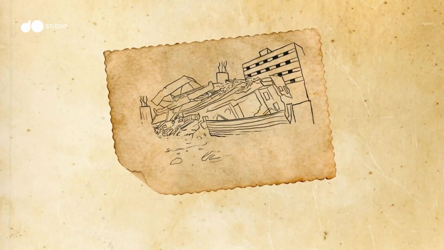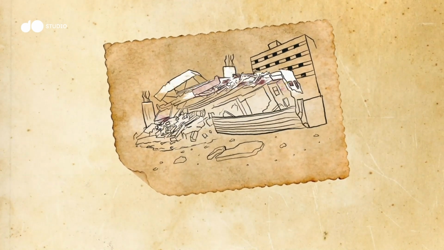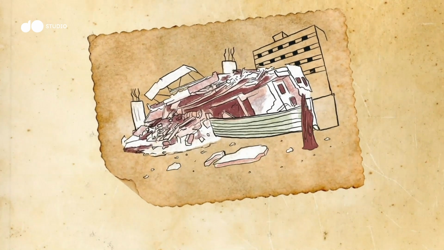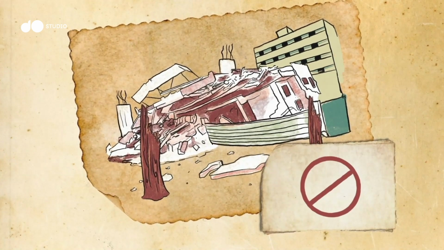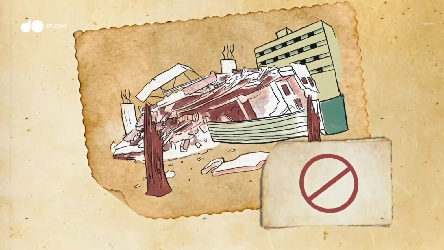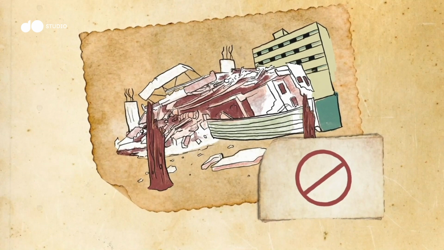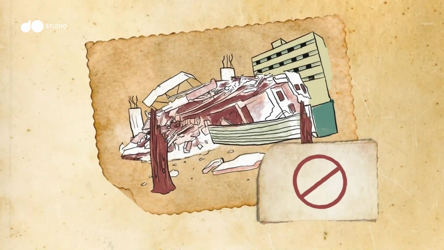Additionally, Article 8 of the Rome Statute of the International Criminal Court establishes that the extensive destruction and appropriation of property not justified by military necessity and carried out unlawfully and wantonly constitutes a war crime.